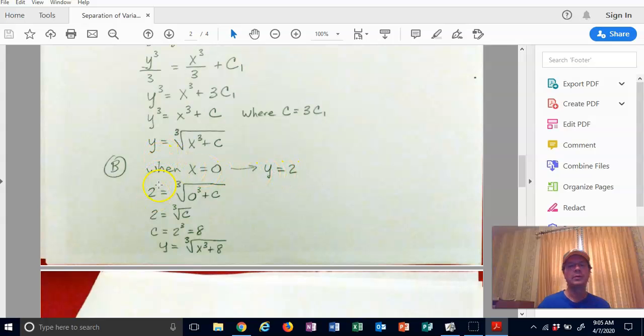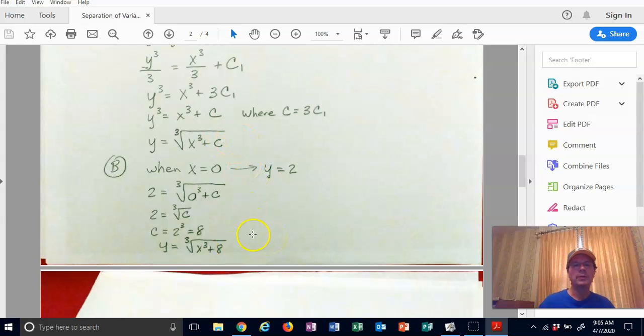I'll get 2 is equal to the cube root of 0 cubed, which is 0, plus c. So 2 is equal to the cube root of c. Raise both sides to the third power, and you'll find that c is actually 8. And once you have c is 8, plug it back in, and then you have your particular solution: y is equal to the cube root of x cubed plus 8.